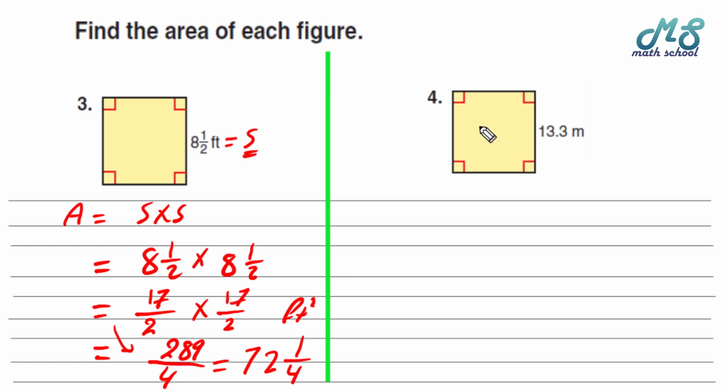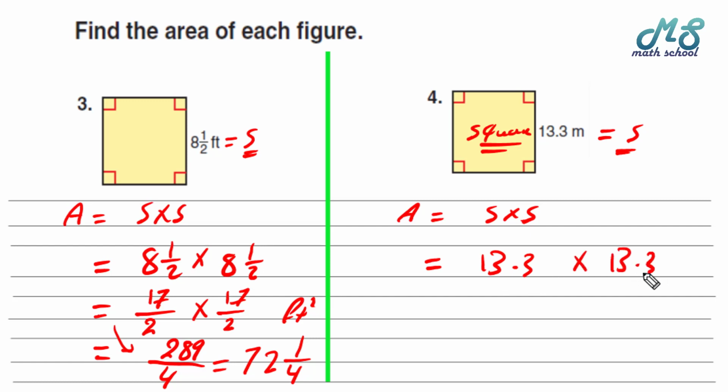Next shape is a square. Its side length is equal to what, guys? 13.3. So its area is equal to s times s, its side length times itself. So it will be 13.3 times 13.3. You can multiply 13.3 times itself.